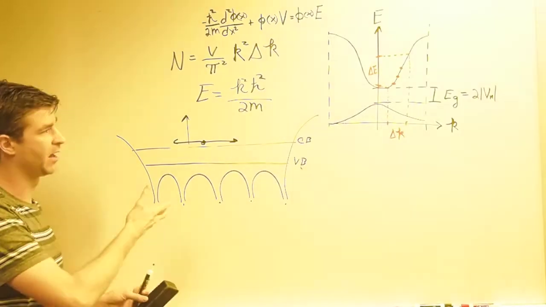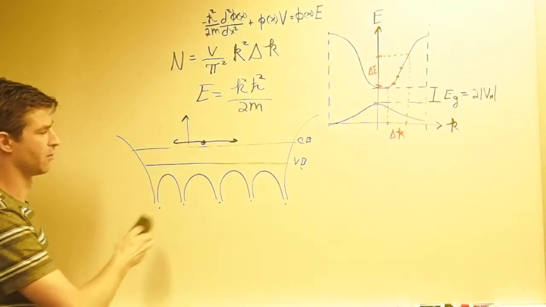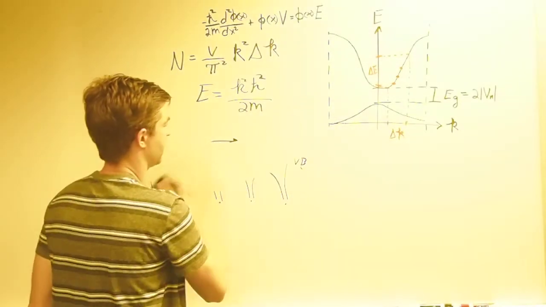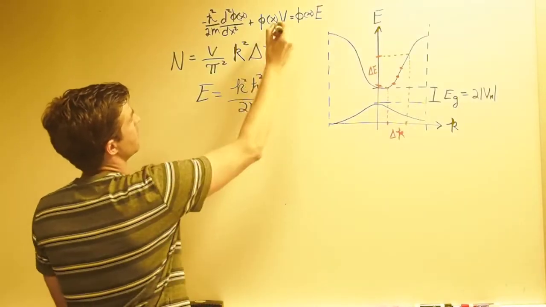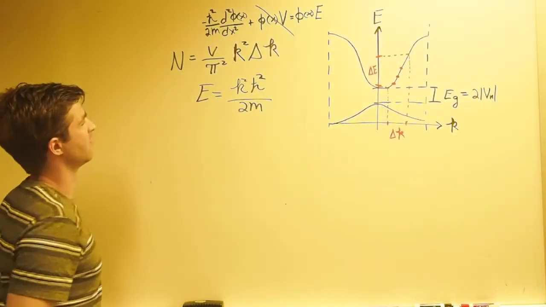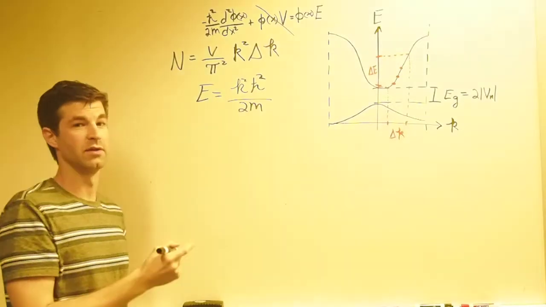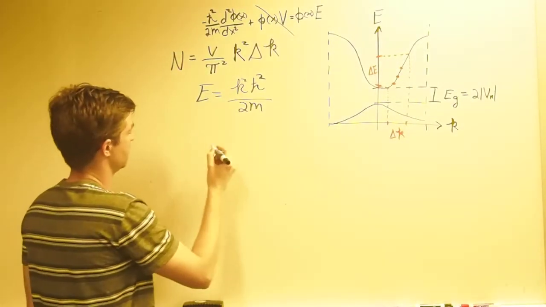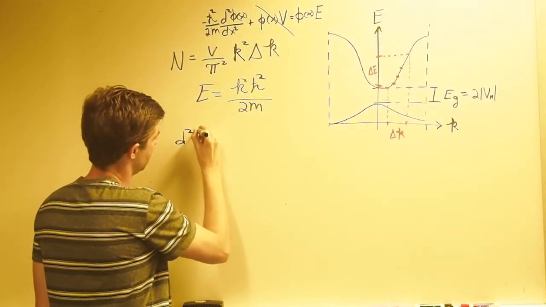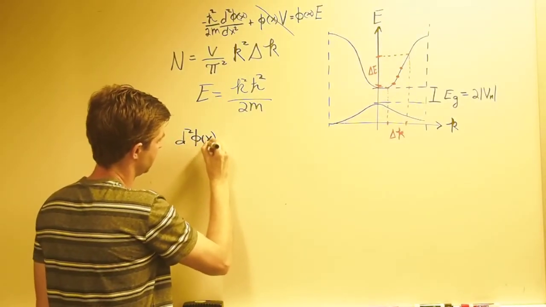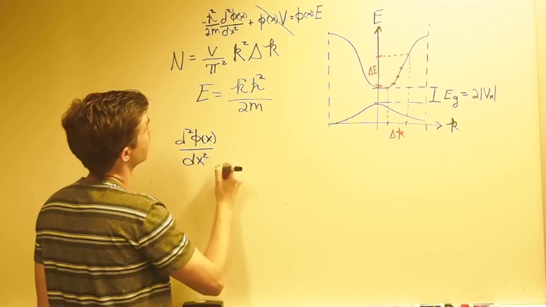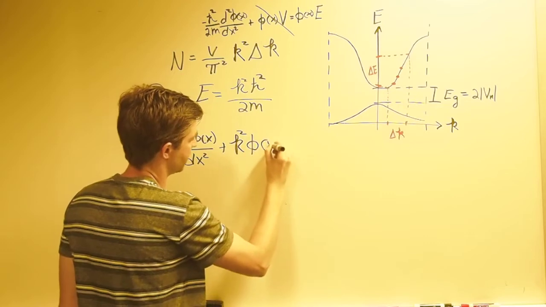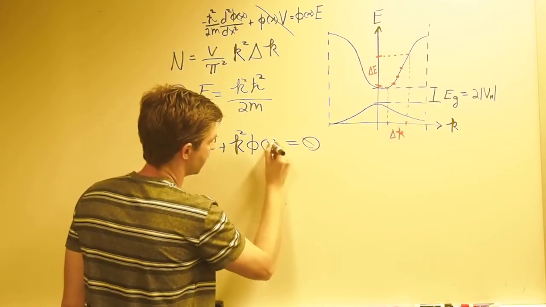But in this case, for this derivation, we can assume that there is no potential energy from the lattice acting on each electron. So that means that this term right here, the V, my potential just goes to 0, and I rewrite this equation into a second order ordinary differential equation we can solve. Which is d squared phi of x over dx squared plus k squared phi of x equals 0, right?